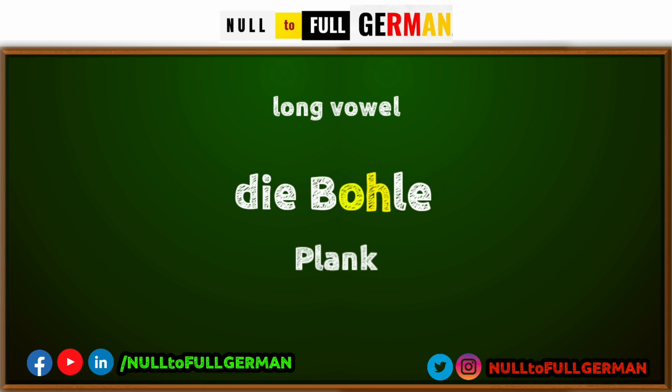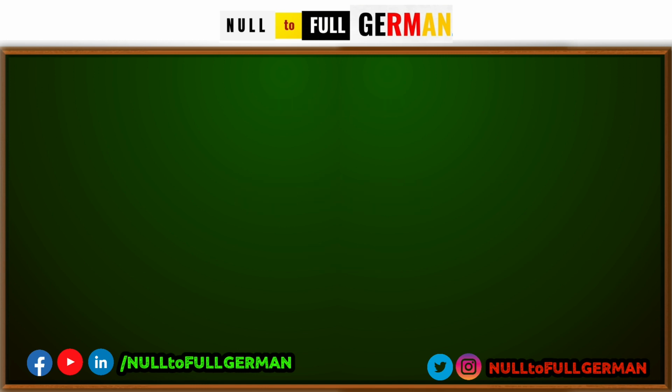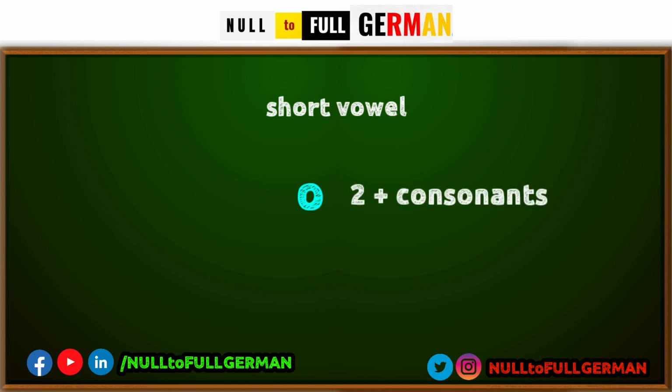Now, in the next rule, we will talk about the short vowel sound, of course with O, so the short vowel O sound you can say. Whenever you come across two or more consonants in any word with O, then it is going to be a short vowel sound.